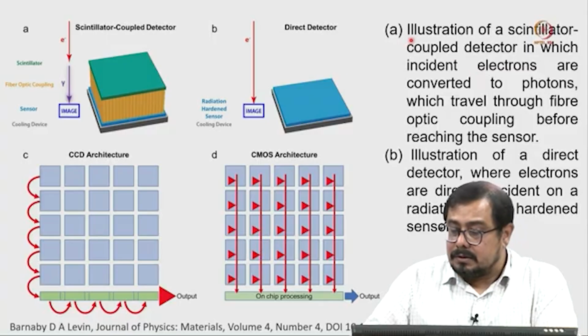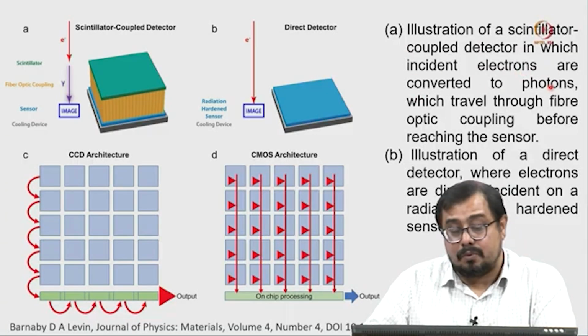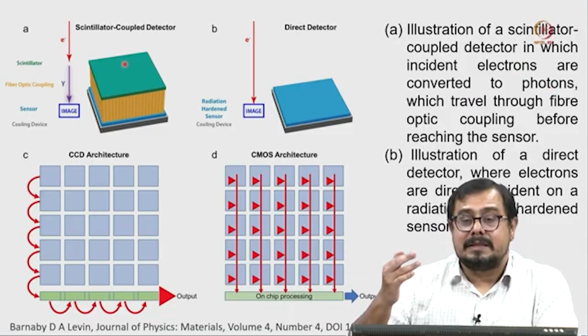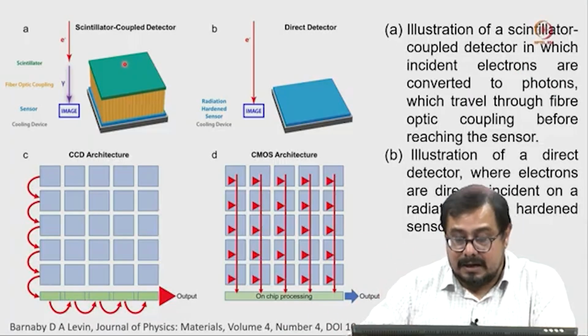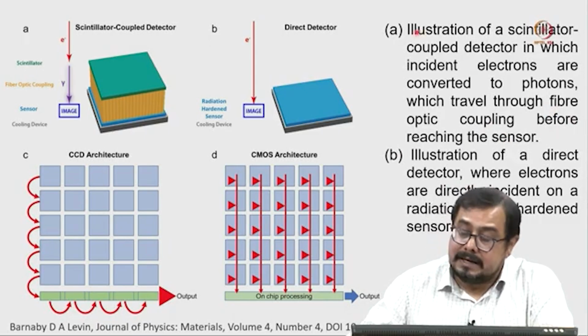Here is the illustration of the scintillator-coupled detector, in which the incident electron is first converted to a photon, and then the photon is transferred and recorded by the sensor, traveling through a fiber optics coupling before reaching the sensor. That is a drawback of the charge coupled device.